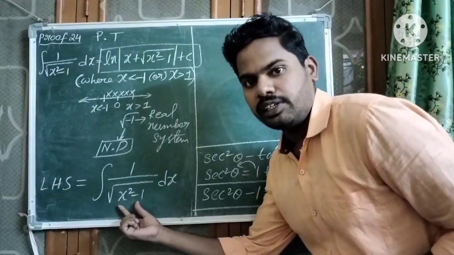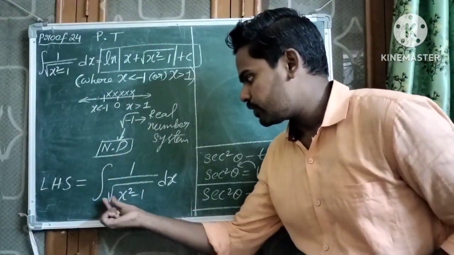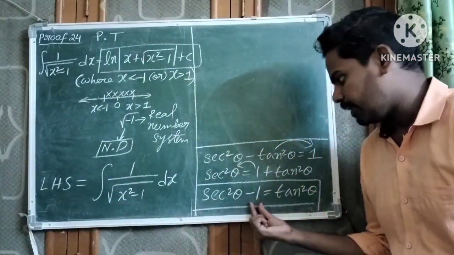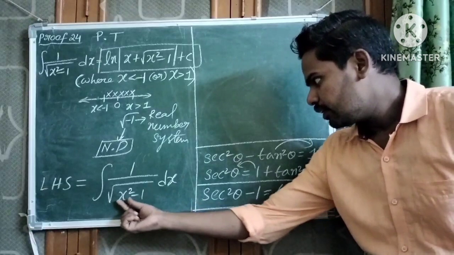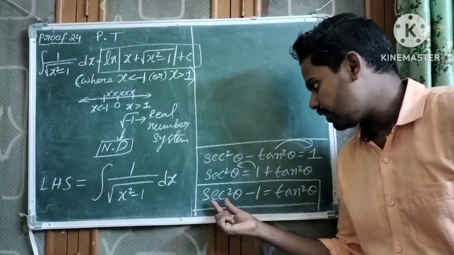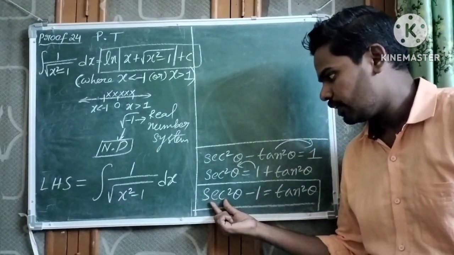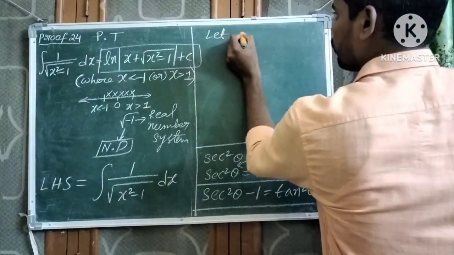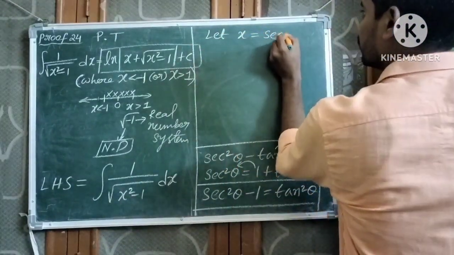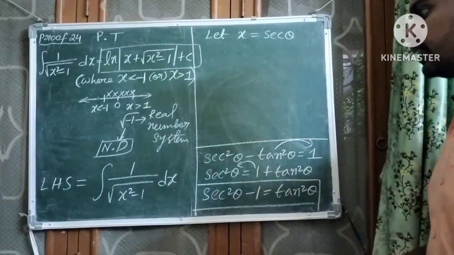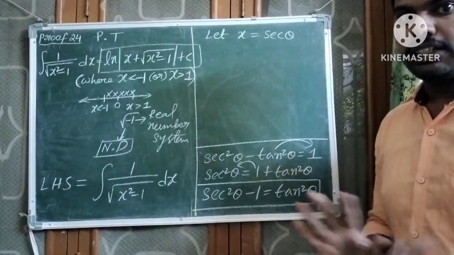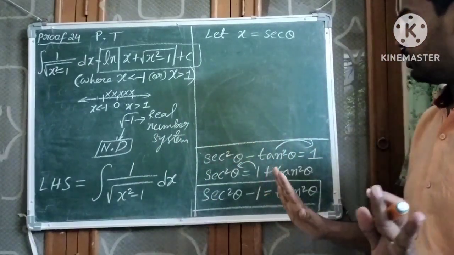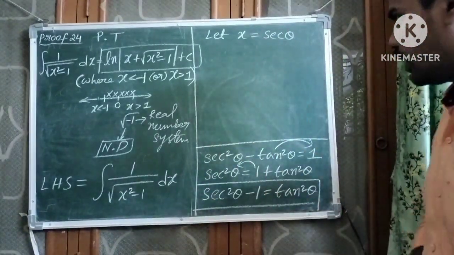Look at this denominator, the expression under the square root, x square minus 1. Here we have secant square theta minus 1. These two are similar, but in place of x we have secant theta. So let us consider x is equal to secant theta.